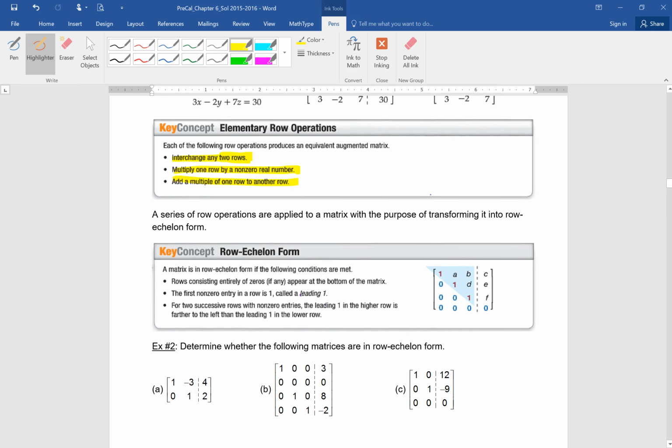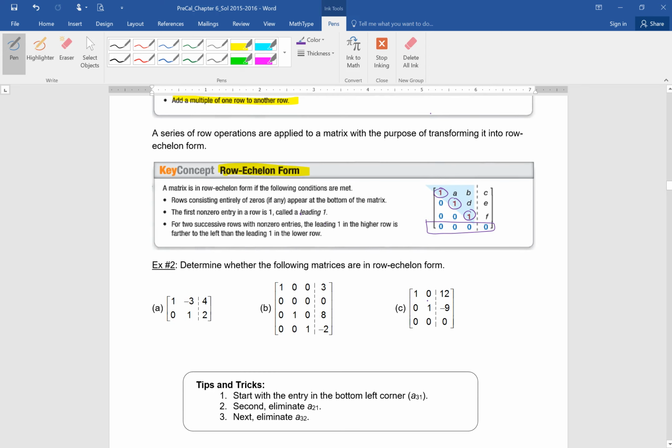If we get the matrix into row echelon form, this is how it looks. You've got leading ones in triangular form, everything below is a 0, and should you have a row that is all zeros, that's always placed at the bottom. That's row echelon form.